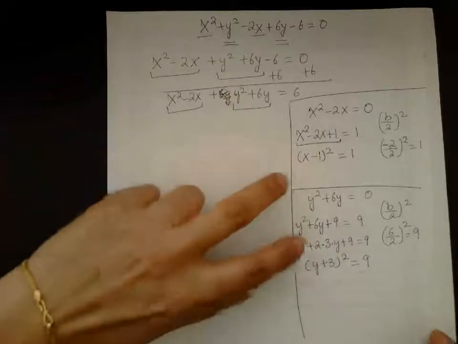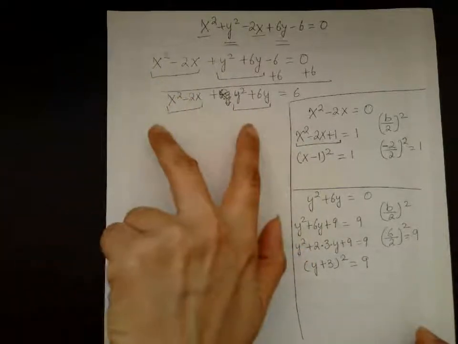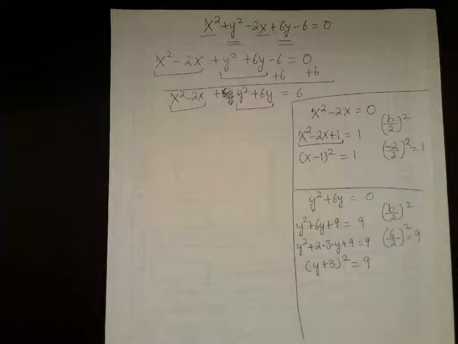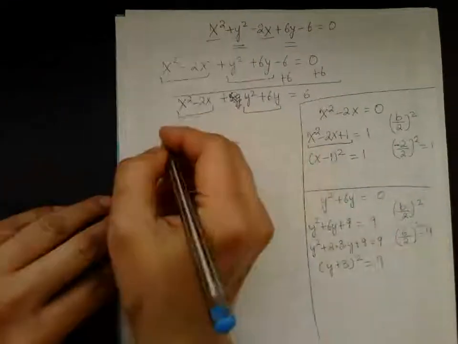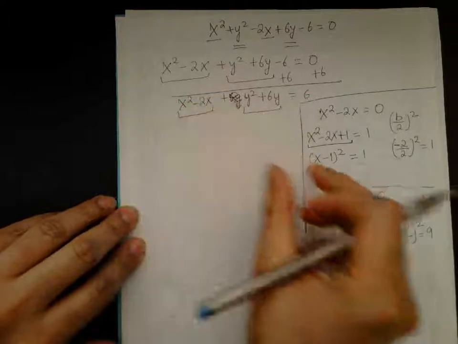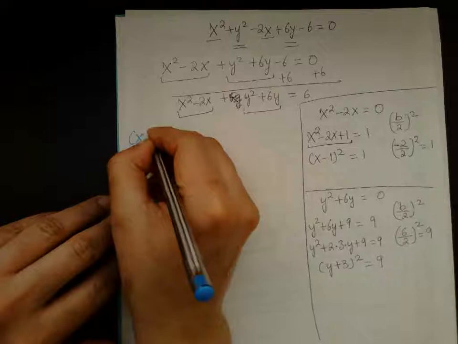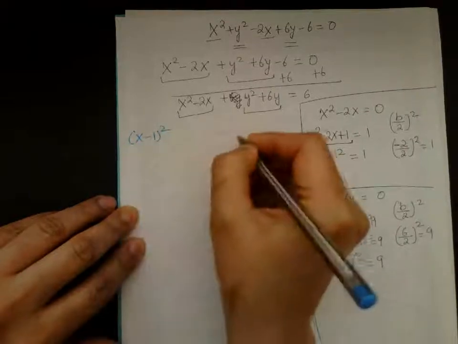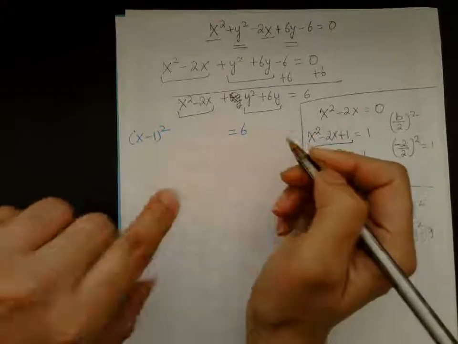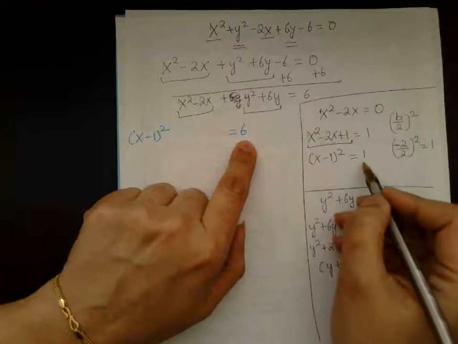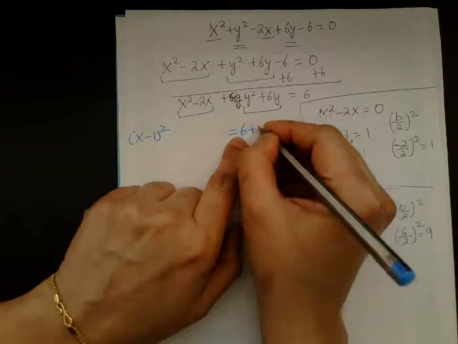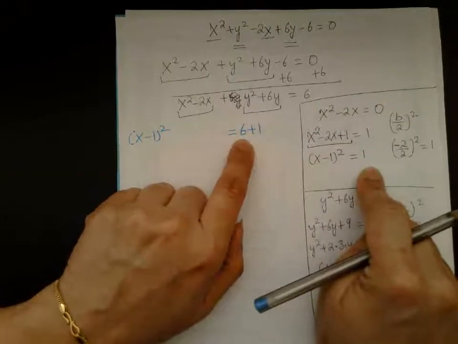Okay, let's write these two in this equation. Let's see what we have. x squared minus 2x, I can write it as x minus 1 squared, and we already have 6, but I need 1 here, so plus 1 from this equation.